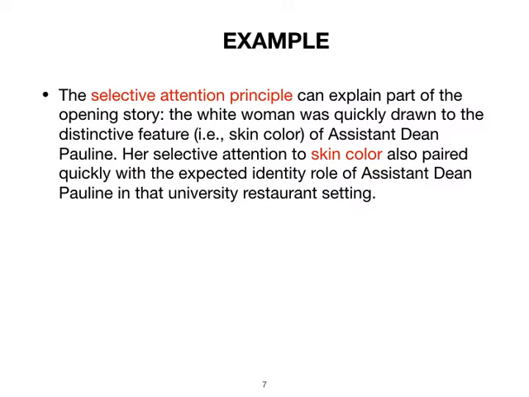The white woman was quickly drawn to the distinctive feature. The moment the white woman saw the skin color of Assistant Dean Pauline, her selective attention to skin color also paired quickly with the expected identity role of Assistant Dean Pauline in that university restaurant setting.